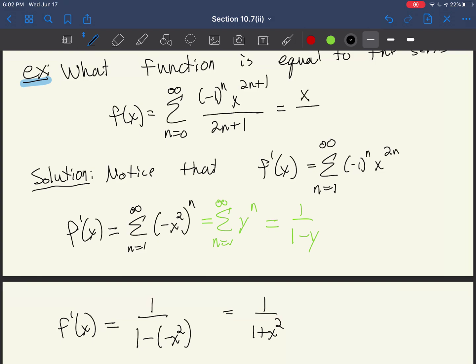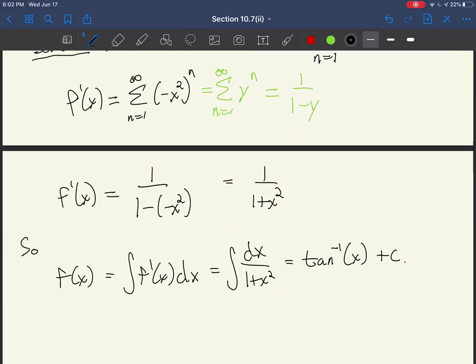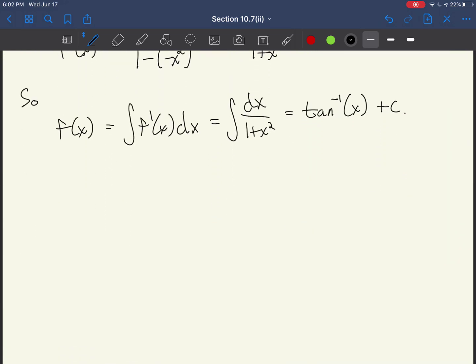So let me write out what I'm saying, because I feel like I confused myself. The first term would be x divided by 1. The next term would be negative x cubed divided by 3. Third term would be positive x to the 5th divided by 5, etc. And the key thing here is the first term is not constant. So when you evaluate f at 0, you get 0.